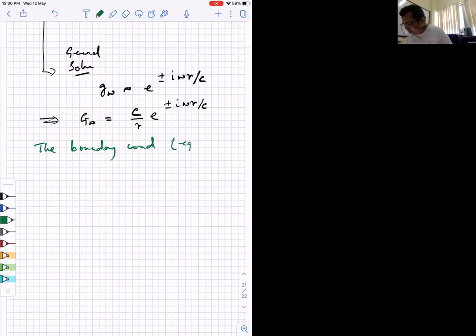Equation D tells you that the constant C is equal to 1. So you put in the boundary condition, and you'll find that this C is equal to 1.